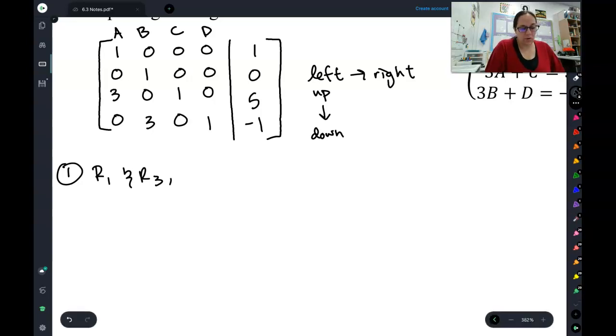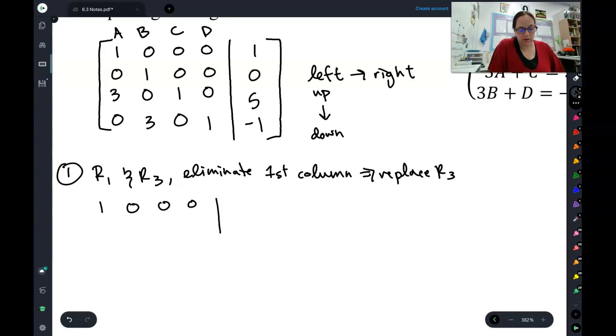So row 1 and row 3, we're going to eliminate the first column, and we will replace row 3 with that column. So here's row 1 and row 3.